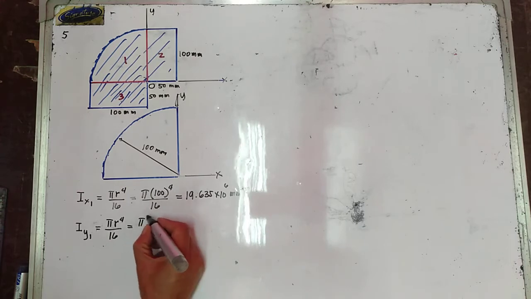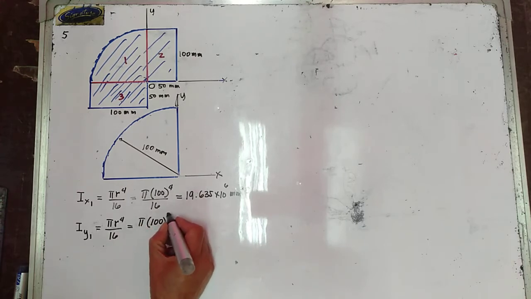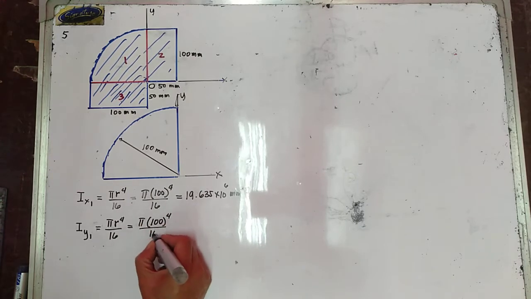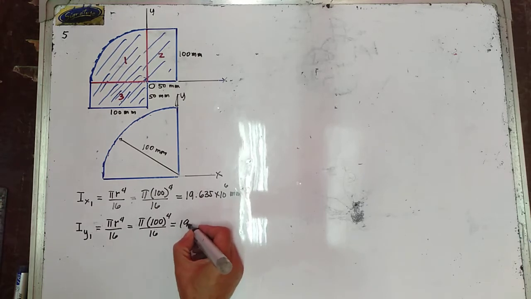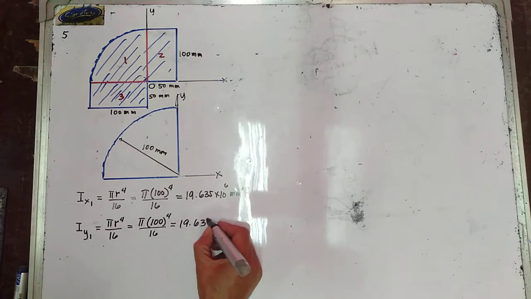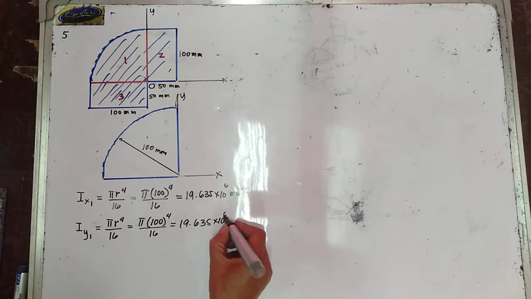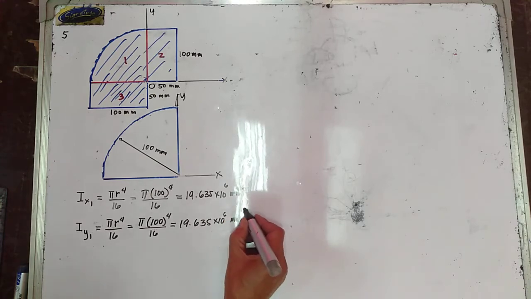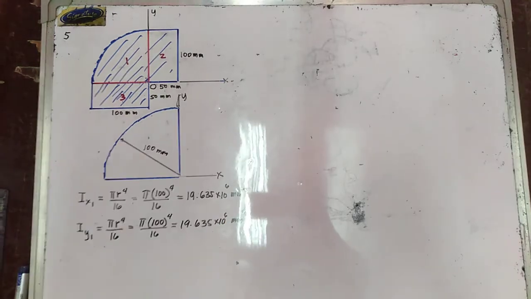That is pi, we have 100 raised to the fourth all over 16. So we have 19.635 times 10 to the 6 millimeter raised to the fourth.